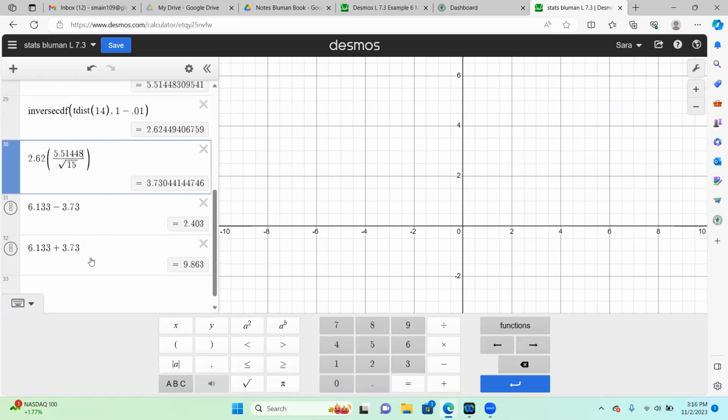Okay, so our margin of error is the 3.73. And then our lower boundary is 2.403 and the upper is 9.863.